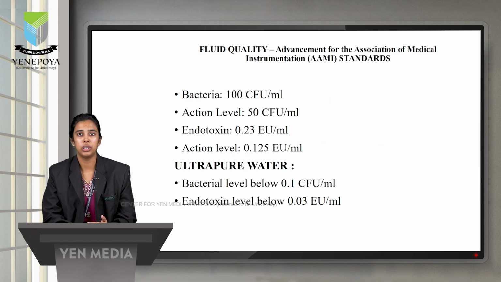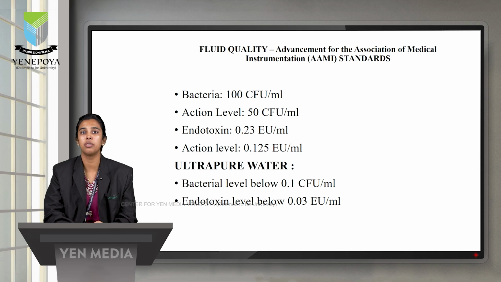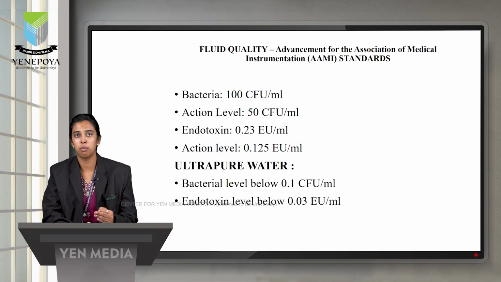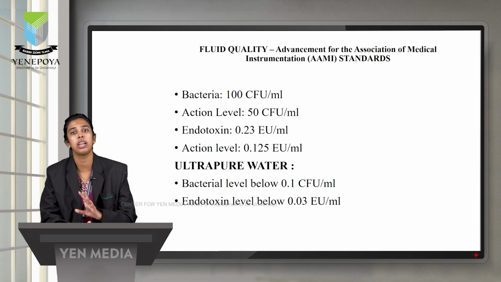Next, we have the fluid quality. We have seen what the contaminants are, what the different components of the water are, and how exactly the water is processed through the RO system. Now we are moving on to the quality of water. According to the Association for the Advancement of Medical Instrumentation or ISO international standards, these are the levels that should be present in the final product water, that is the RO water.